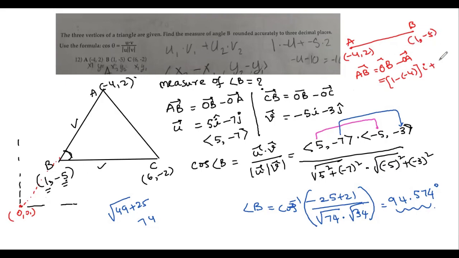And my movement is also -5 minus 2 into j cap, which comes to be 5i minus 7j cap. That is how we found the vector AB bar. So here AB bar vector, CB bar vector is found, and angle between the two vectors formula is U bar dot V bar by mod U into mod V. I hope you have understood.